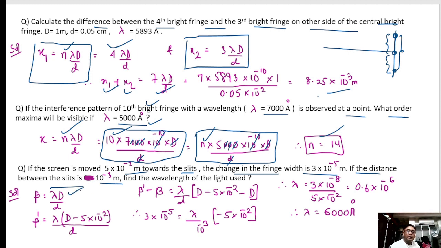Now the screen has been moved by this much, so now the distance of the screen is only this much. So this should be the fringe width. So by how much has the fringe width changed? This. They are telling the fringe width change is given as this. So from there we can calculate the wavelength.